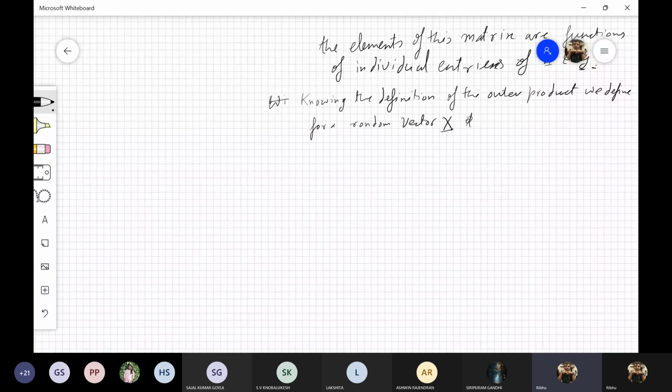So the random vector x consists of n entries x1 till xn, and we define the outer product of x with itself as xx transpose equals x1 x1, x1 x2, and so on.